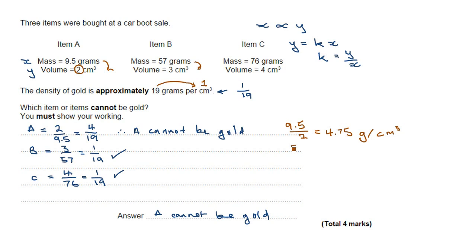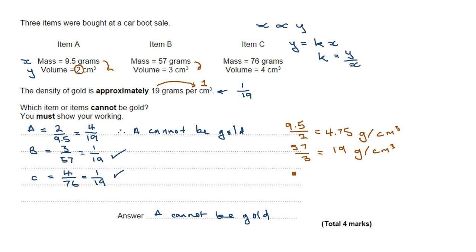It's 57 grams per 3 cubic centimetres, which is just a division, a simplified improper fraction. 57 divided by 3 gives us 19 grams per cubic centimetre.